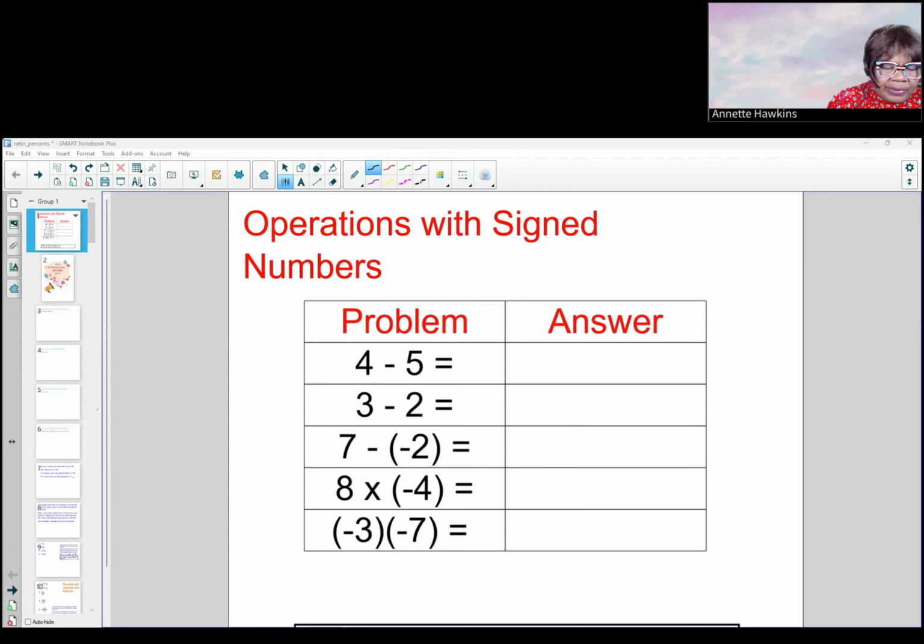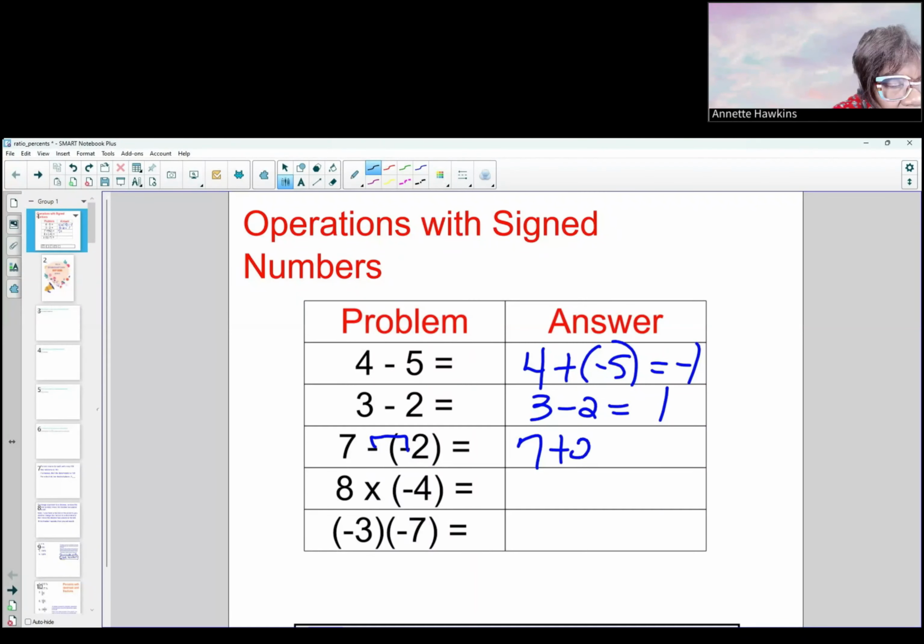So for the first one, 4 plus -5, you get -1. 3 minus 2 equals a +1. Now here we have these two negatives coming together. 7 plus 2, that gives us 9. A positive times a negative is a negative.